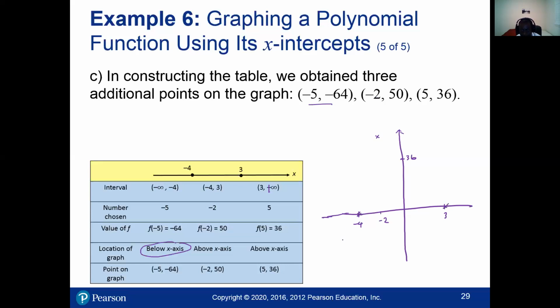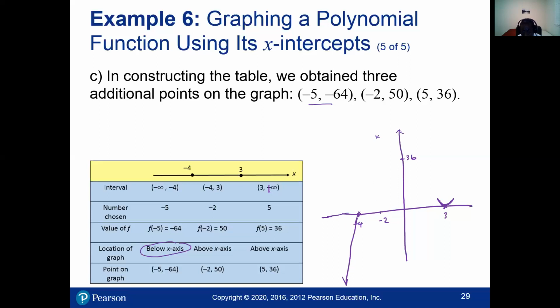Now, from -infinity to -4, the graph is below the x-axis, so the graph goes down like this. At the intercepts, we know that when x is equal to 3, the graph touches it because the multiplicity is 2, so it touches it this way and turns somewhere.